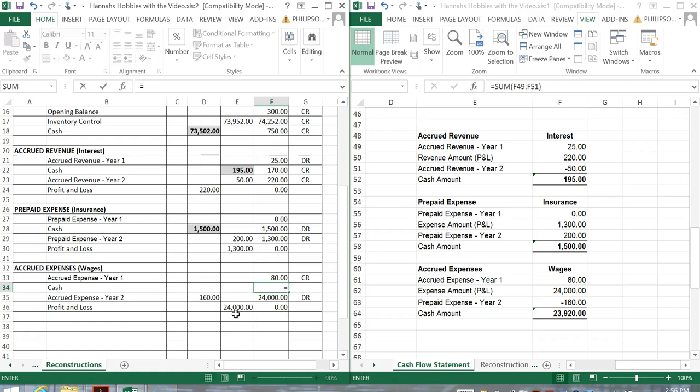So equals 24,000 minus the 160. And so again, if we work down here, we want that to be debit. 23,840 debit, add 160 debit, gives us 24,000 debit, minus 24 credit, gives us 0.